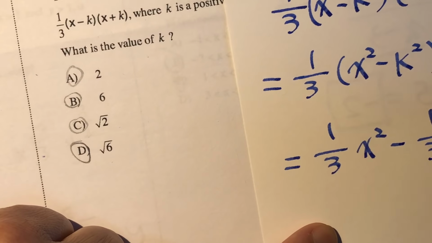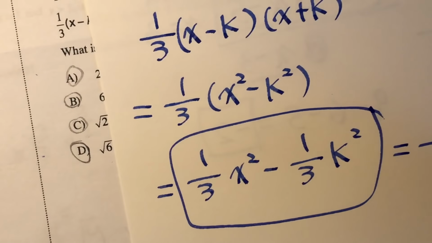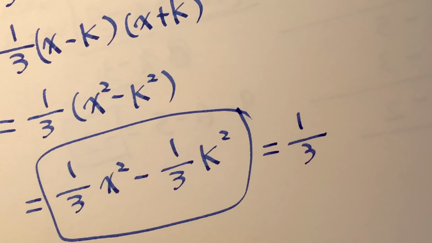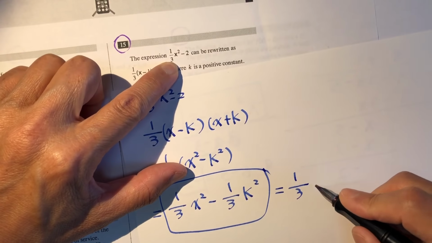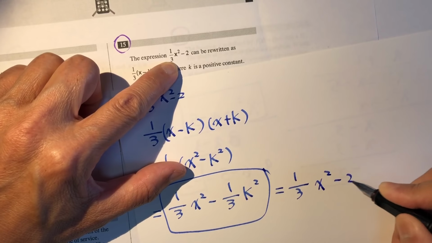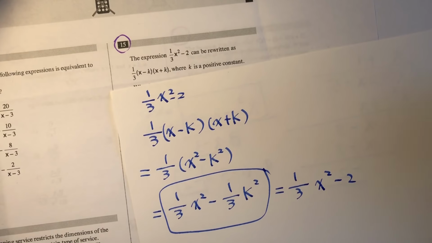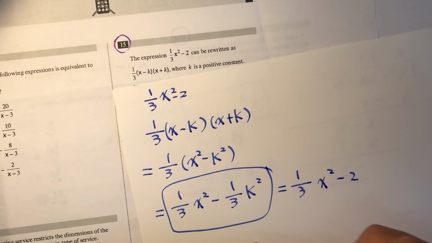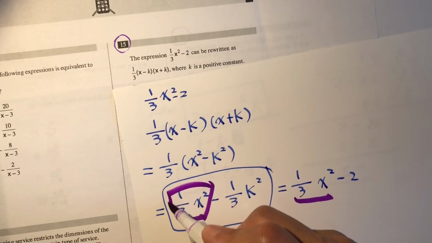And this is the same as 1/3 x squared minus 2. These are equal, so we can get rid of the matching terms.